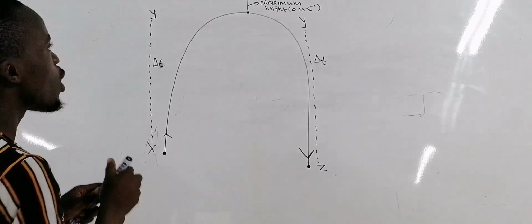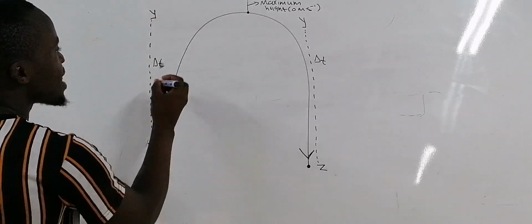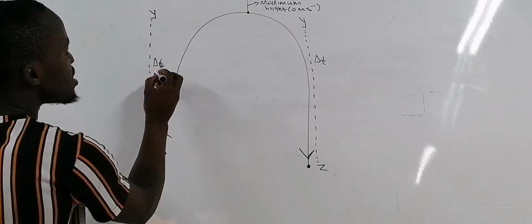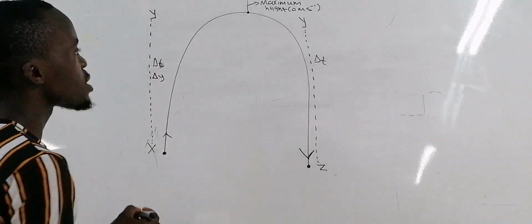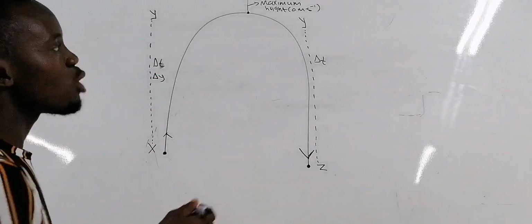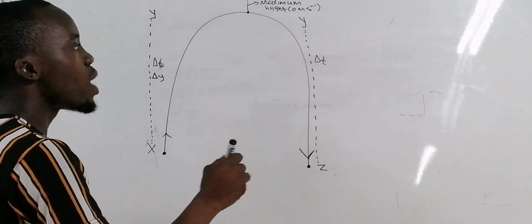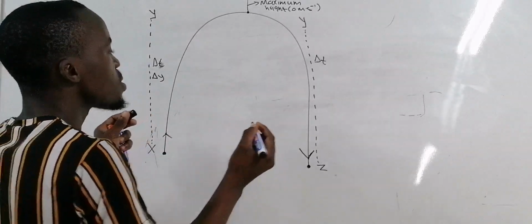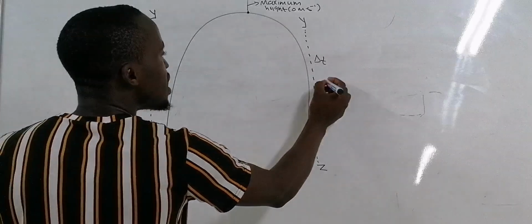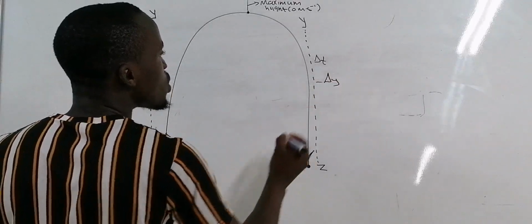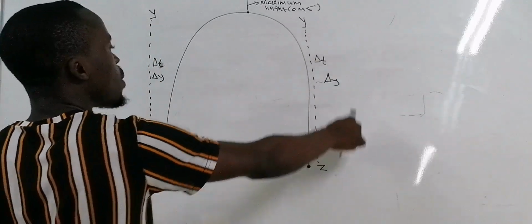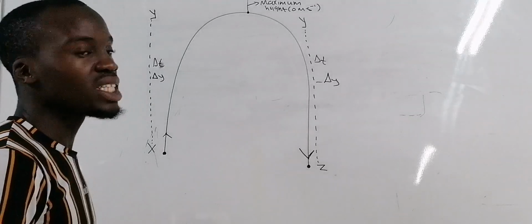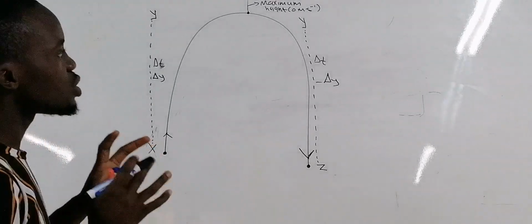Meaning that if the object is going up, the delta y, the change in position or displacement, becomes positive. Then when the object is going down, we took up as positive, so the displacement will go down. Why? Because the object is going down, and we take down as negative. So it's very important that you follow up, guys.